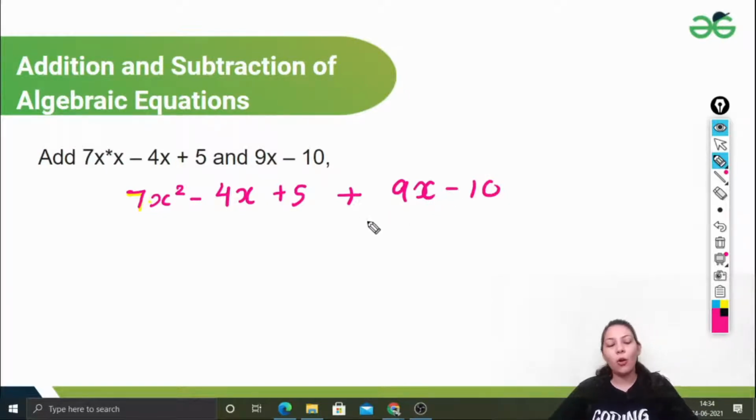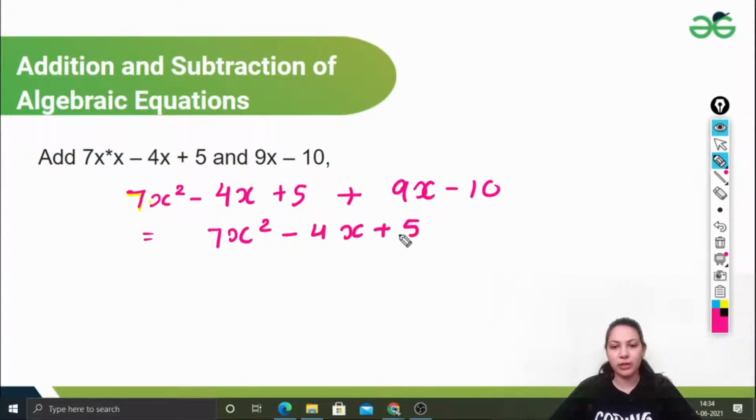Now in order to add this, we have to write such that the like terms come in each row. What I mean to say is, if I write 7x square minus 4x plus 5 over here, and we see the other part of the question, 9x minus 10, then we have to write the terms such that they come in a row with their like terms.